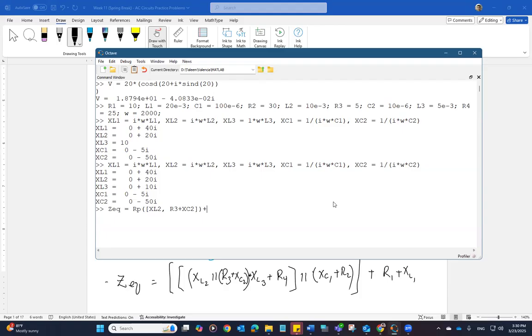All right, so I'm going to add into this parallel combination XL3, and then R4. And then I'm going to take the parallel combination of this whole thing with XC1 and R2. So once again, I'm going to do parallel, put my parentheses here.